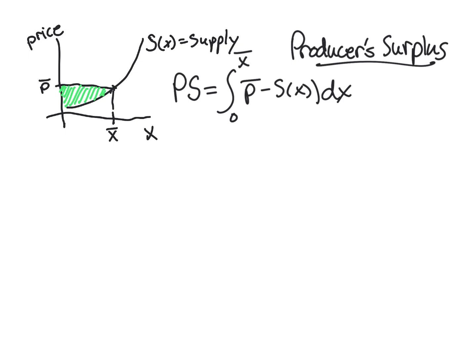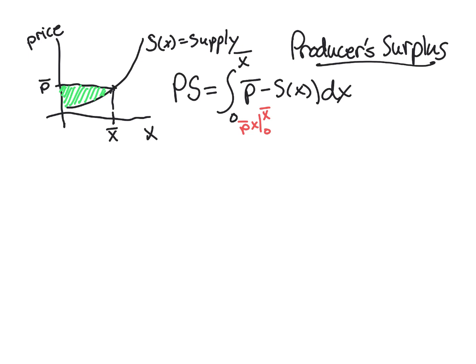And like last time, if you split these integrals into two pieces, here you're just integrating P bar with respect to X, and you're going to get P bar X evaluated from 0 to X bar, which is just going to be P bar X bar.